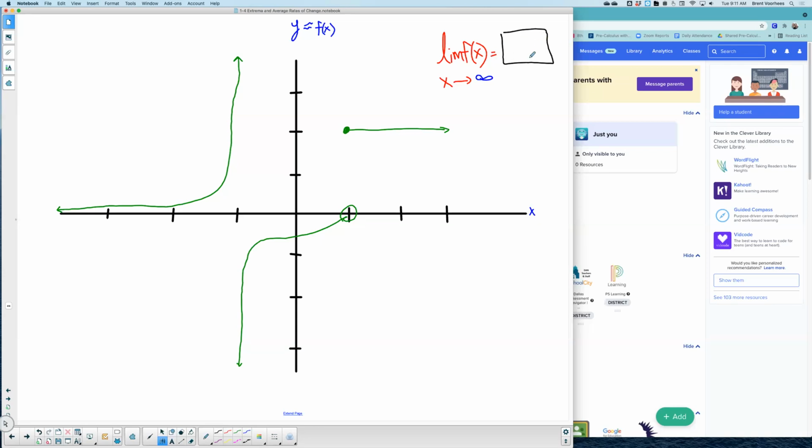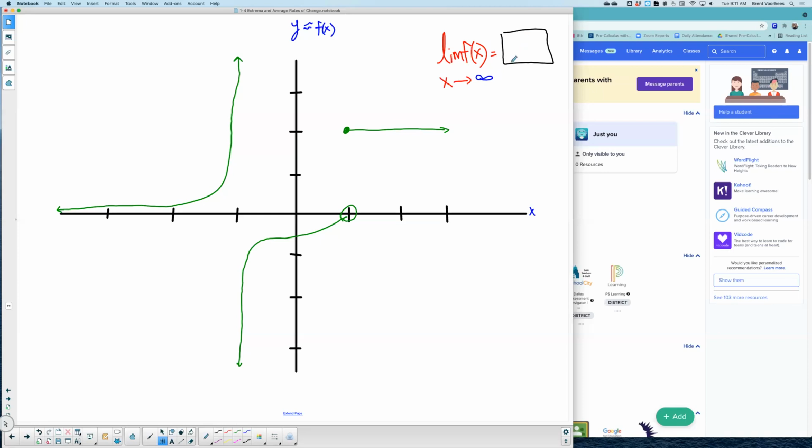So that's your only options. All right, for this limit when x approaches infinity, what is the answer for y?